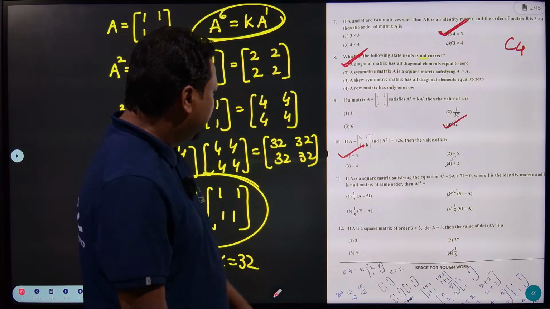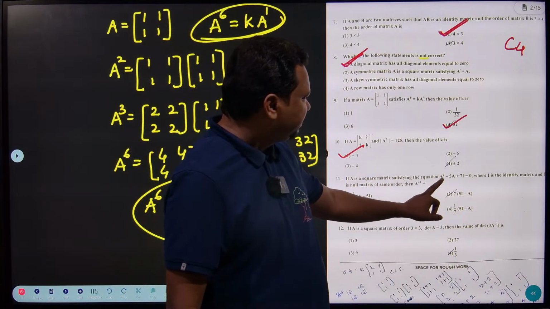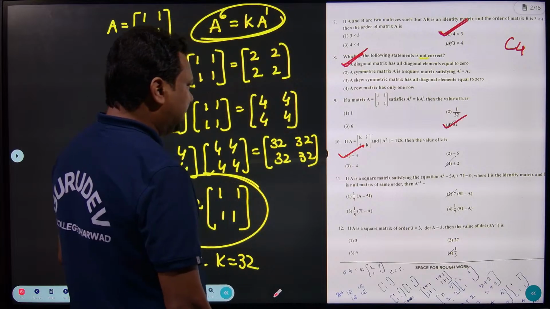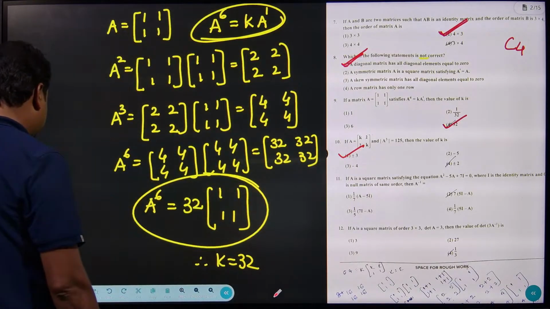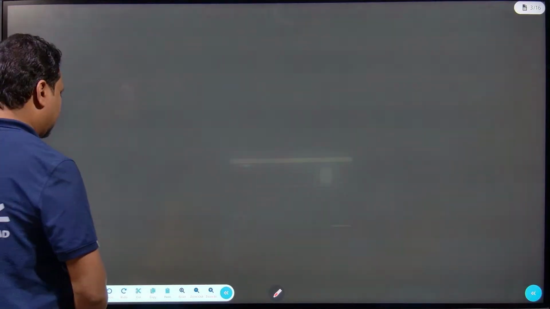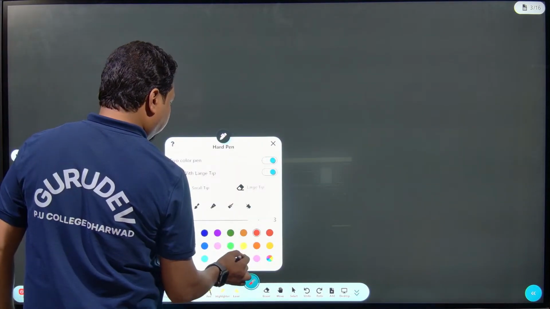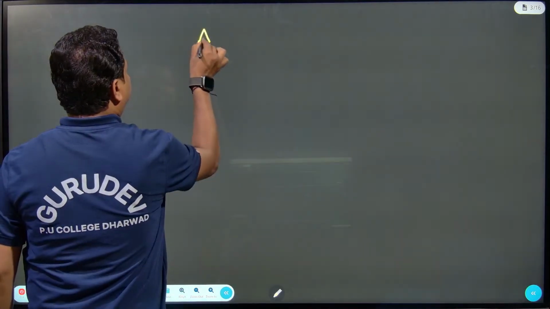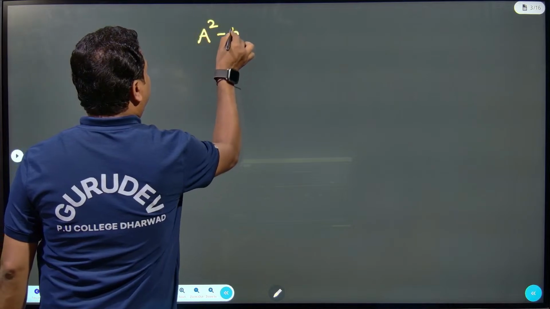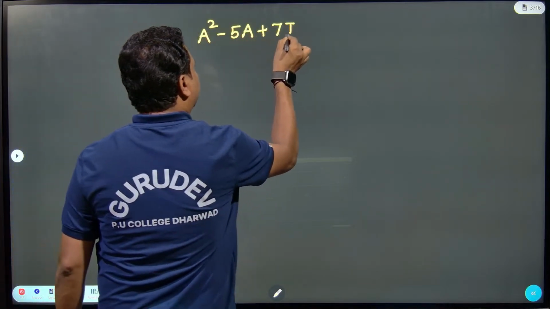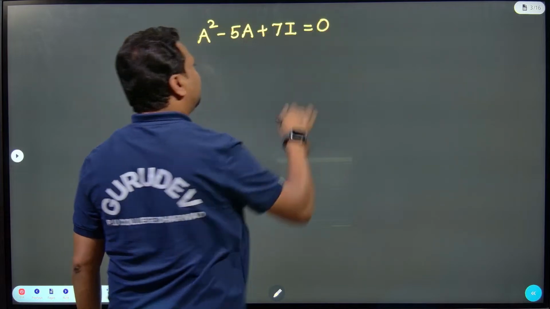The next one is, if a square matrix satisfies the equation A square minus 5A plus 7I is equal to 0, then they ask for A inverse. Okay, let's see what the relation is: A square minus 5A plus 7I is equal to 0, then what is A inverse?